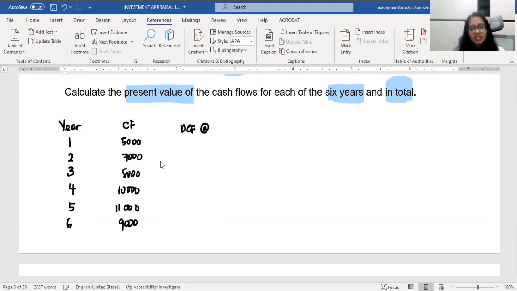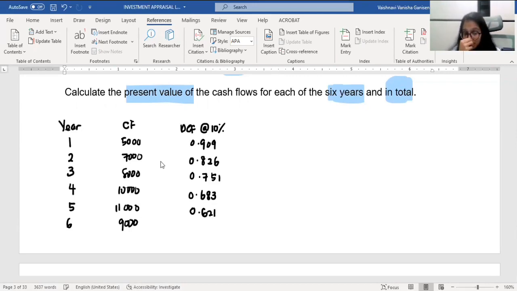My discount factor is 10%. So 0.909, 0.826, 0.751, 0.683. I think 0.621 is next. I really cannot remember. Okay, 1.1 to the negative power of 5. Yes, 0.621. Not bad, guys, for an old lady like me. I still can remember it.